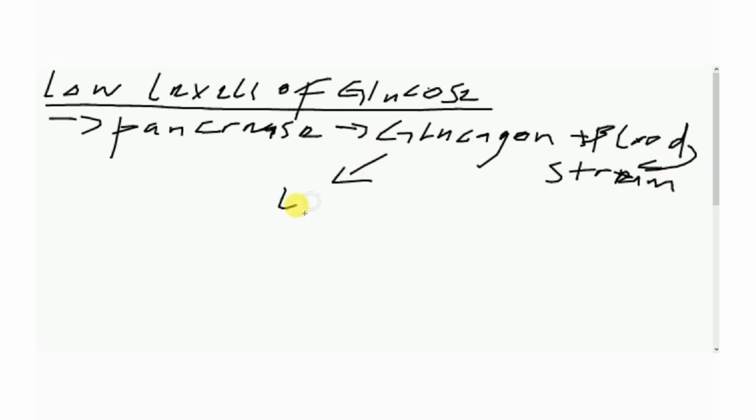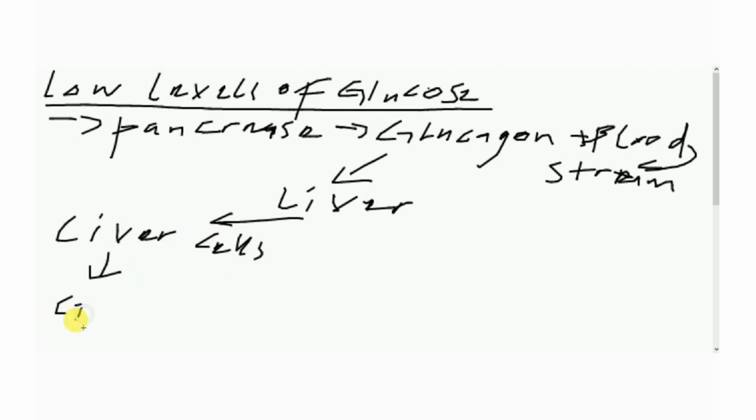When glucagon reaches the liver, it's going to cause the liver cells to convert the stored glycogen into glucose, and in that way the glucose levels will be maintained in the body.